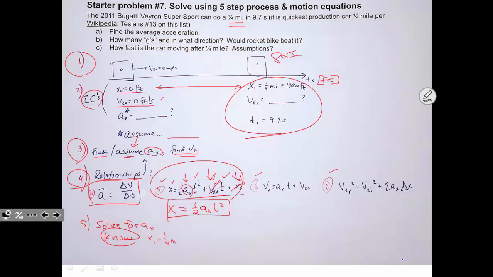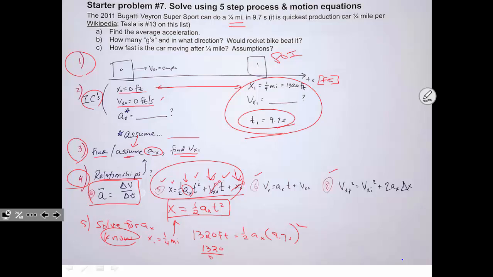Position, 1/2 a_x t squared. Oh, sorry, I got to square my time. I didn't square my time. I got to take this 9.7 seconds and square it. So 2 times 1,320 divided by 9.7 squared. This is better. And I get 28.1 feet per second squared.